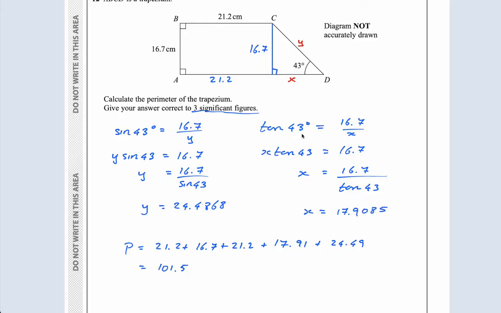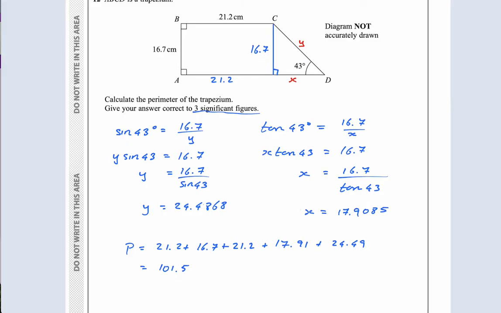So this is what I'm often talking about, guys. Don't round in the middle of the question. So now when I add up 17.9, let's say, let's remove this.